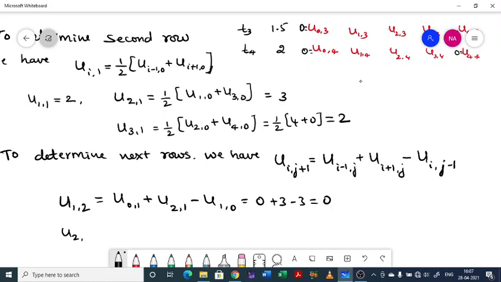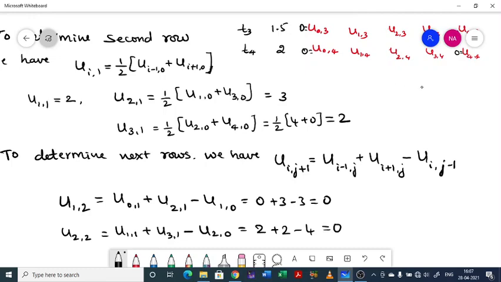Next u 2 comma 2, second row I am okay, third row I am finding. u 2 comma 2 is u 1 comma 1 plus u 3 comma 1 minus u 2 comma 0. What does this give? 2 plus 2 minus 4. So we'll be getting 0 again.